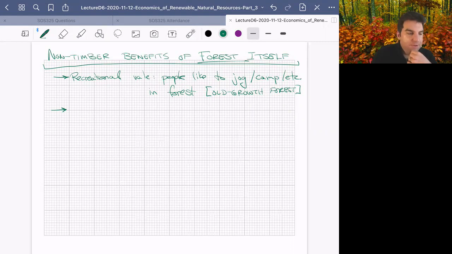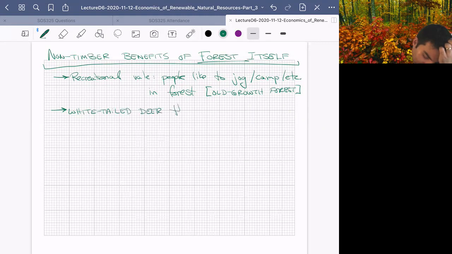So, for example, there might be white-tailed deer that thrive in new growth forest.